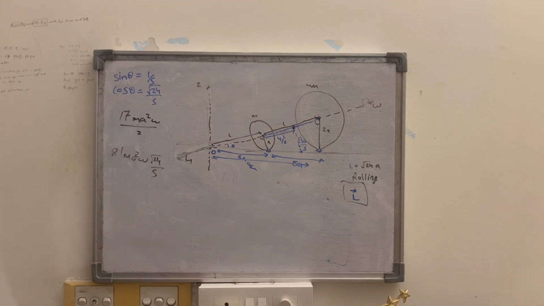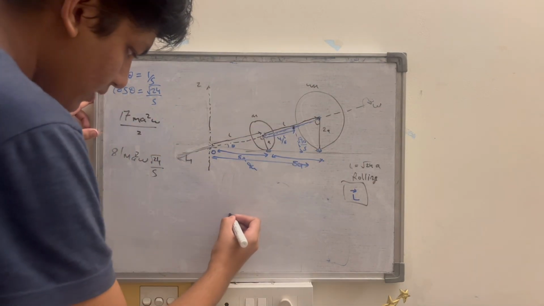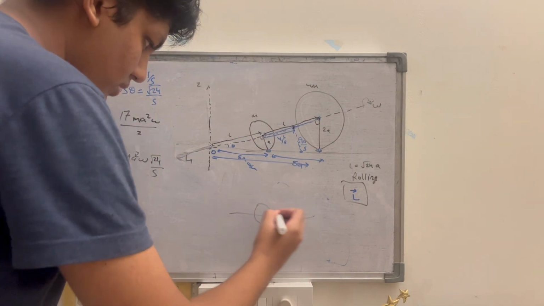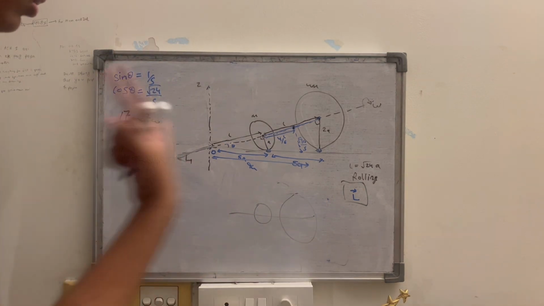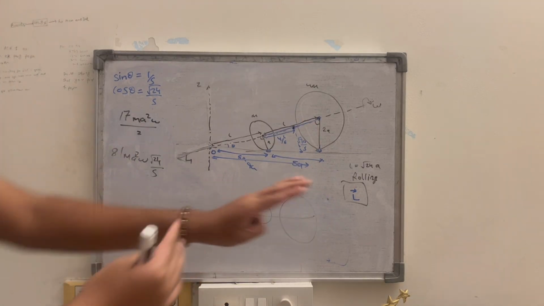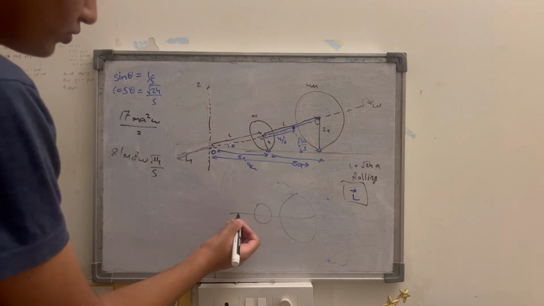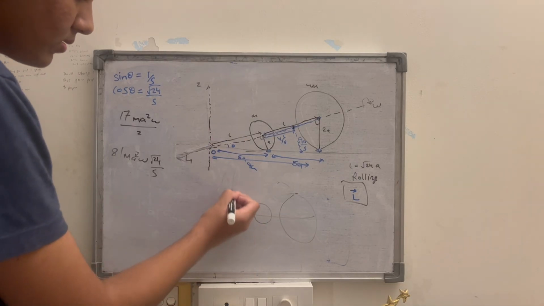Now if this whole assembly was not tilted, it was like this, right? If it would have rotated about this point, then the angular momentum would have a direction like this.